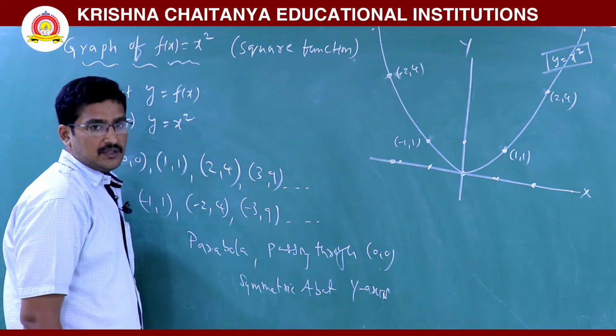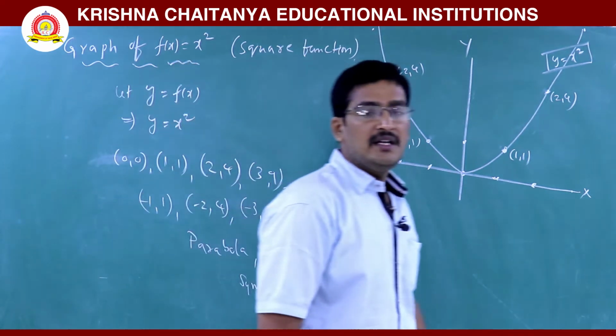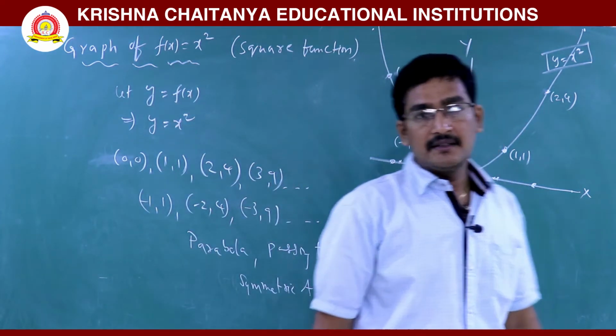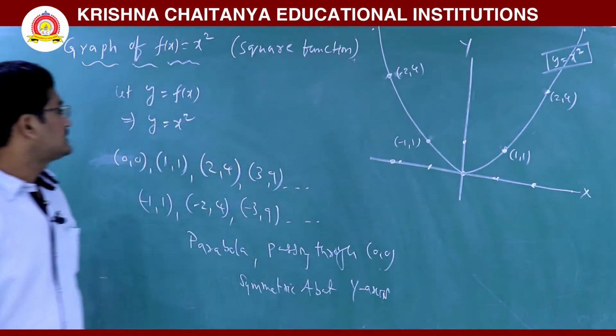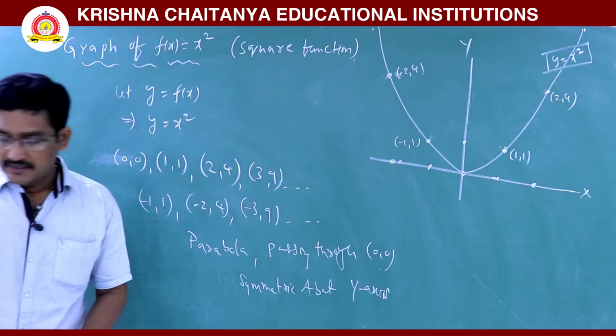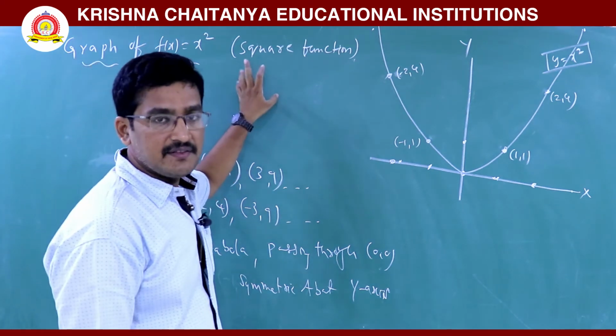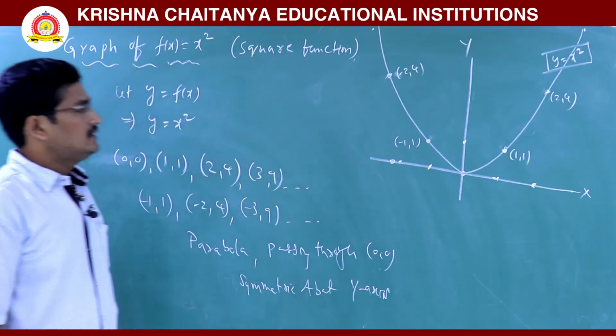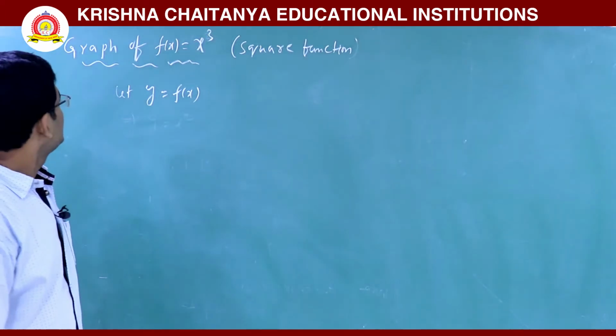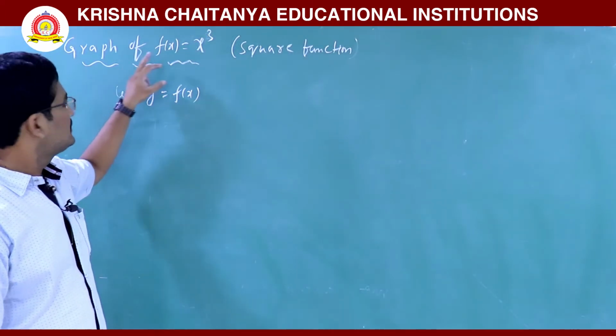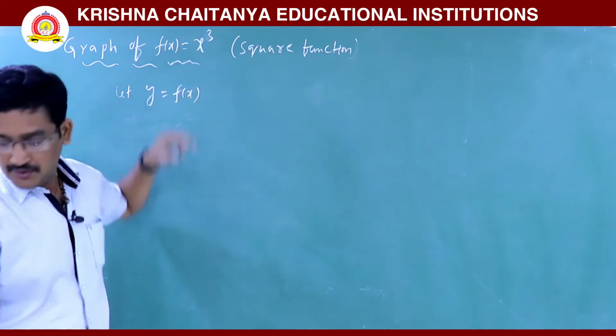You have to notice that. So y equal to x square is a parabola which is passing through the origin and is symmetric about the y-axis. This is also called the square function. Let me explain one more graph, which is f of x equal to x cube.